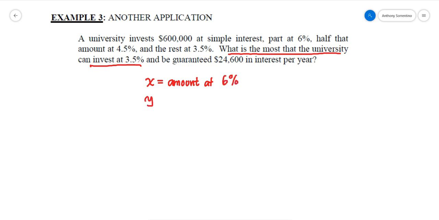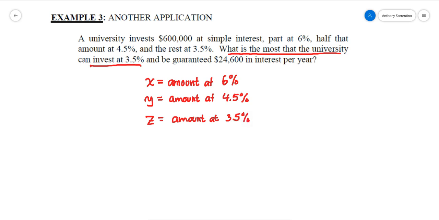I'm going to let y be the amount at 4.5%. And I'm going to let z be the amount at 3.5%.